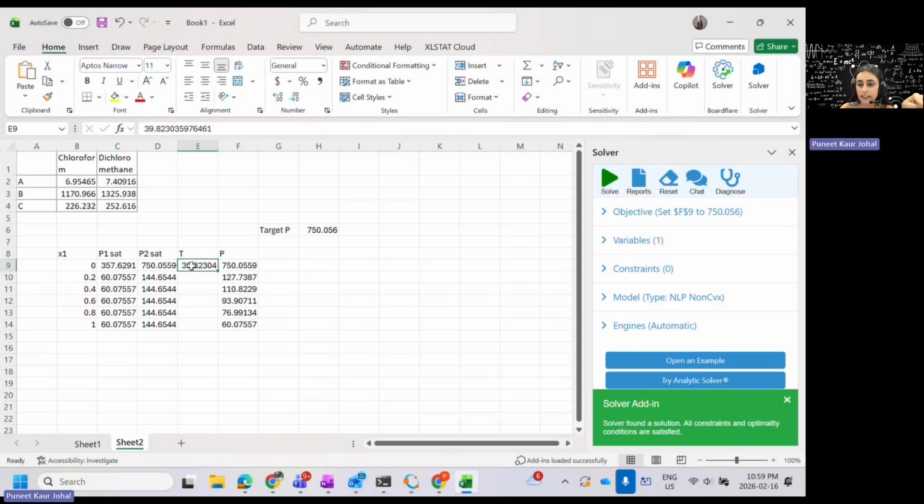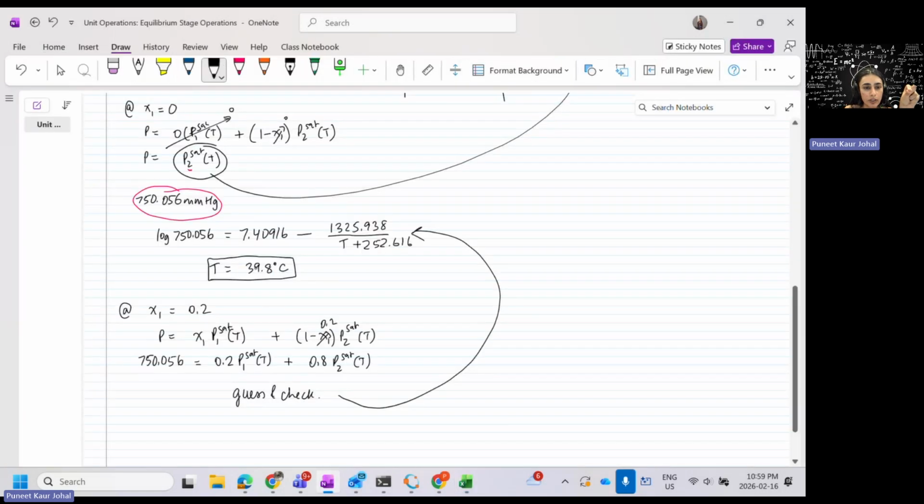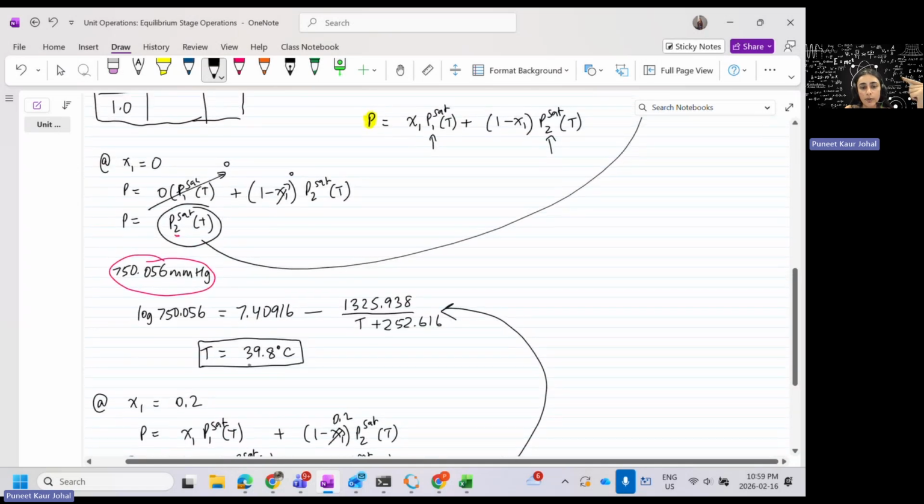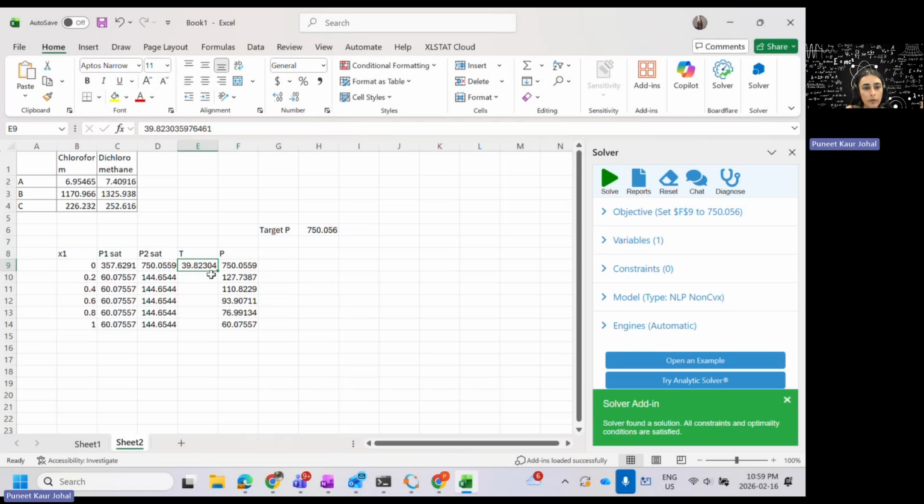But if you look at this t that we got using Excel, and compare it to the t that we got while solving this equation at x equals 0, it's pretty similar. I got 39.8 and this is 39.8234. And this is the value of p we're getting. Similarly, you can run and notice how P1 and P2 have changed depending on the T. So we'll be able to get a pretty good graph such as this.